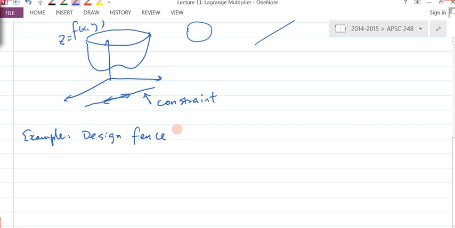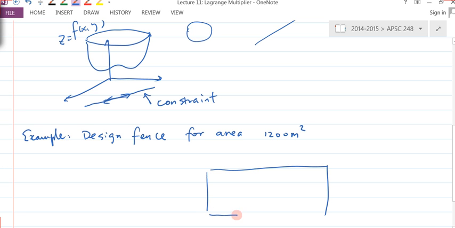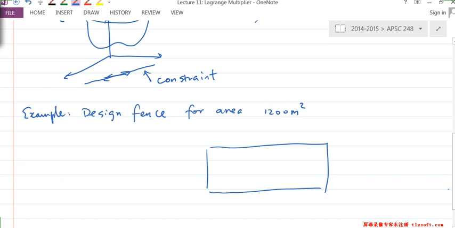You know your area: the area of this garden, your backyard, is 1,200 square meters. That's pretty big. Now you're looking into what we should buy and what the cost of the material will be. I'm going to draw the fence out here. Let's suppose that we're designing a rectangular fenced area.